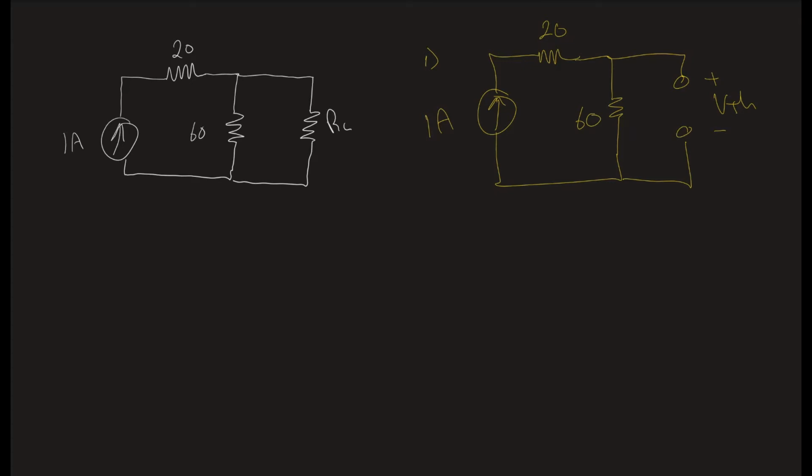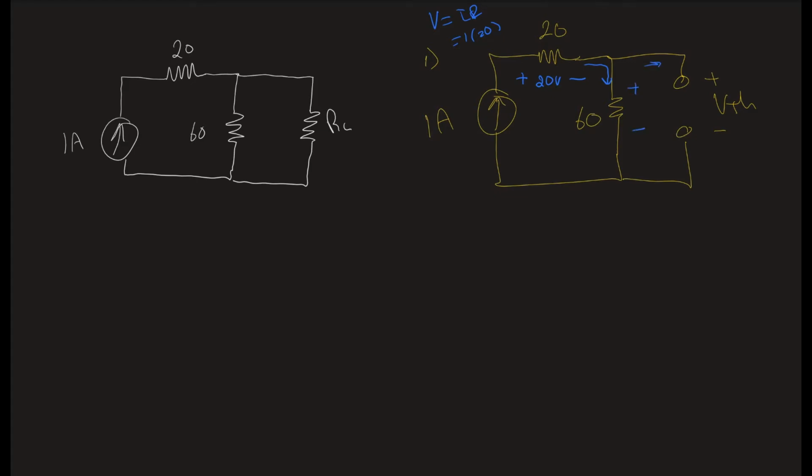So notice, if I have 1 amp from here going through this one, then I have 1 times 20, because remember our voltage drop gives us I times R. So we have 1 times 20, which means the voltage drop from here to here is 20 volts. That current, all of it has to go this way because this is open.